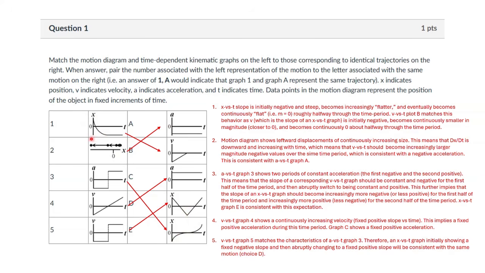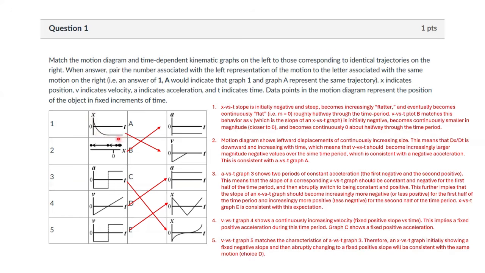Velocity versus time. Well, velocity is the slope of a position versus time graph at any point. So at the beginning, our slope is downhill, and the hill is steep. As we continue in time, the hill gets less steep. So steepest, less steep, flat.